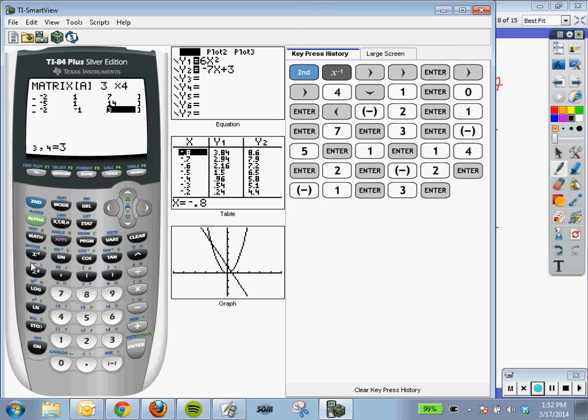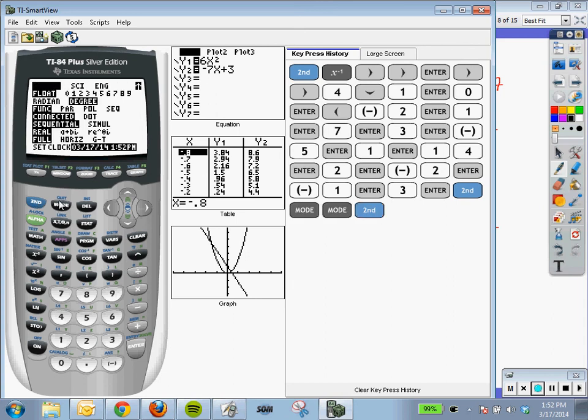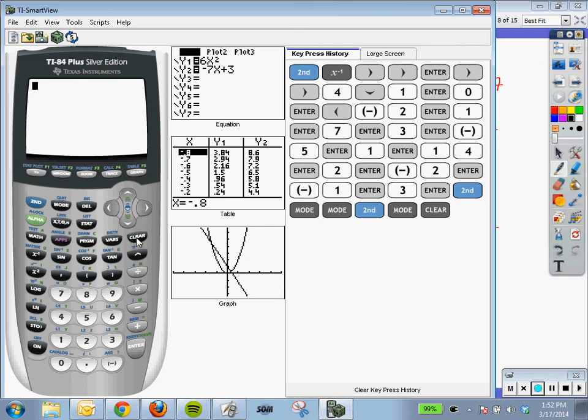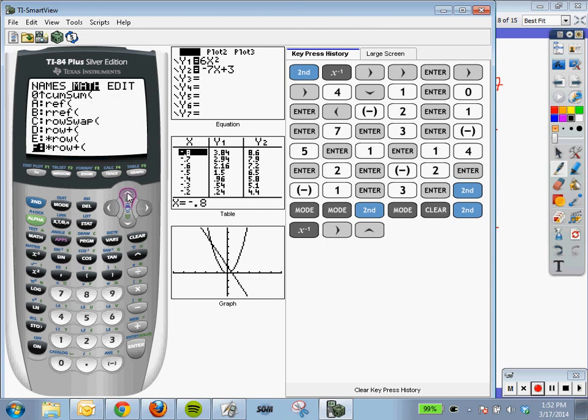So now that we have the augmented matrix input in our calculator, we're going to go to second and then quit. Second mode, which is quit, takes us to the blank screen. So now from here, we need to go back to the matrix button, and we need to go to the middle button, which is math, and then we're going to scroll to the RREF. So RREF, that stands for reduced row echelon form.